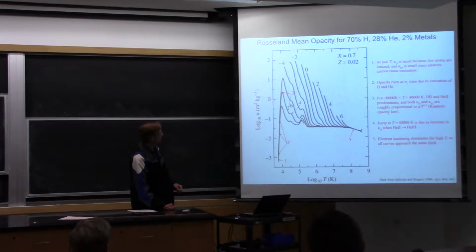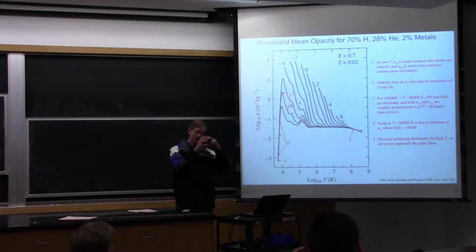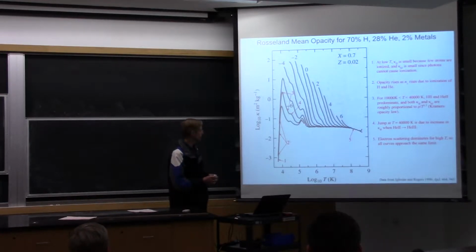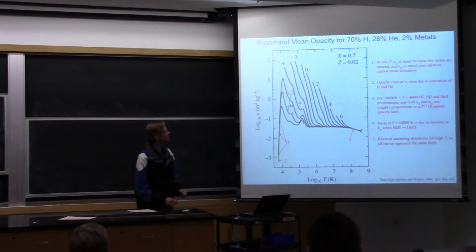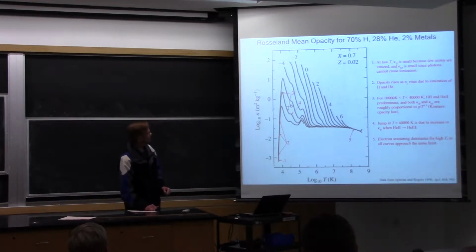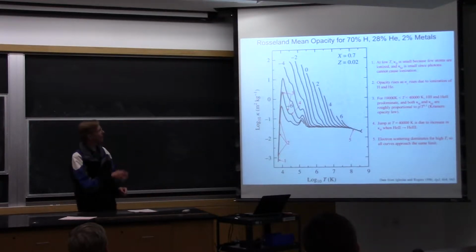And then the logarithm base 10 of kappa in square meters per kilogram, square meters of cross section per kilogram of stellar material along the y-axis here. And it's very complicated, as you can see, but this is for a composition of 70% hydrogen, 28% helium, 2% metals.